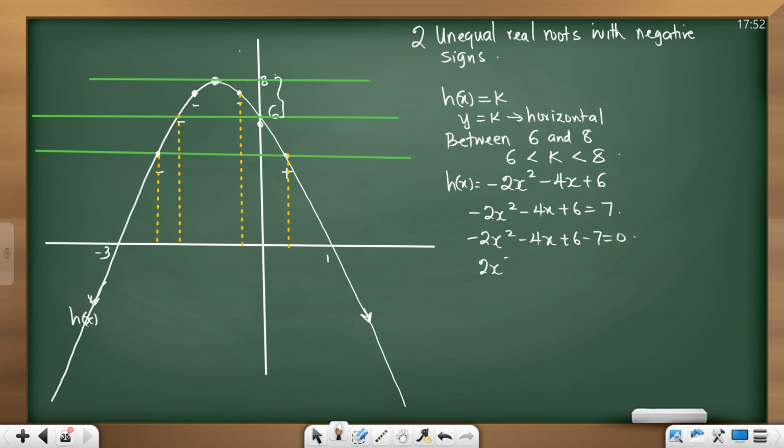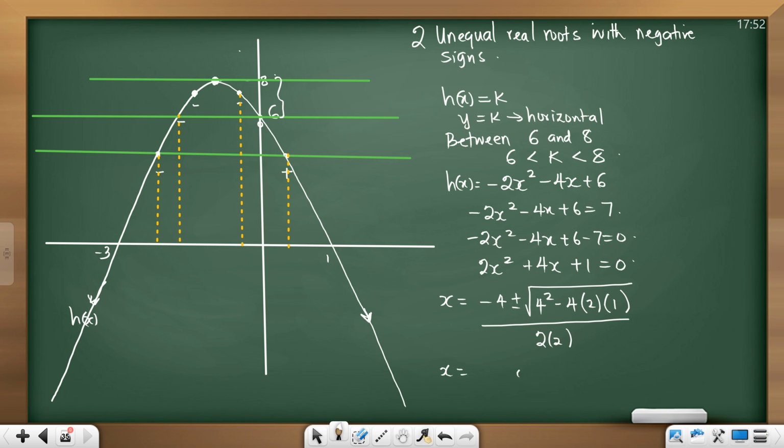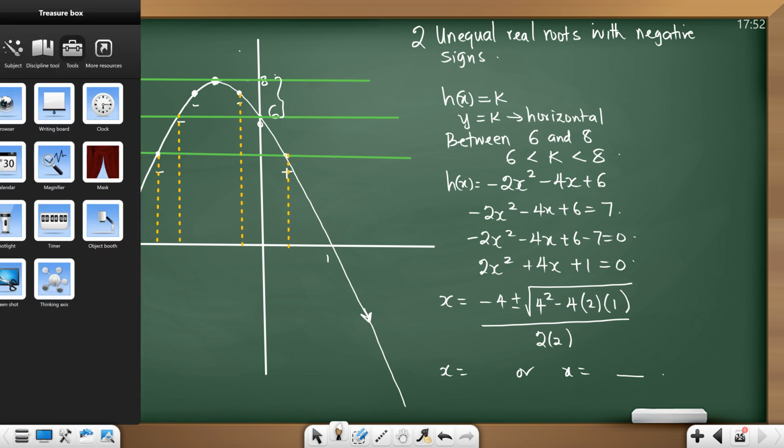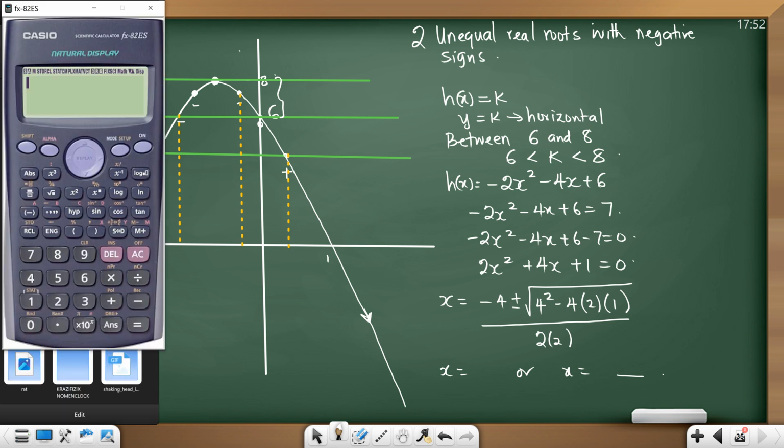Already I'm changing the signs: 2x squared plus 4x, and 6 minus 7 is negative 1, plus 1. We cannot factorise here, so use the formula: negative b plus or minus the square root of b squared minus 4ac, over 2a. I promise you that both answers will be negative.